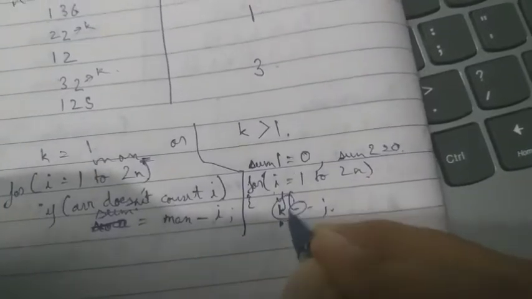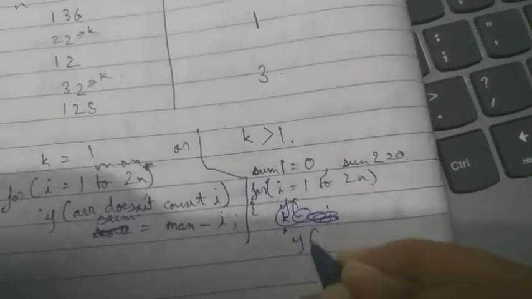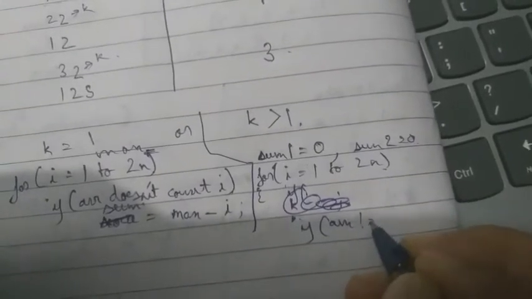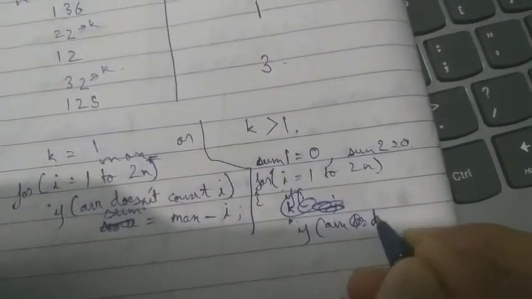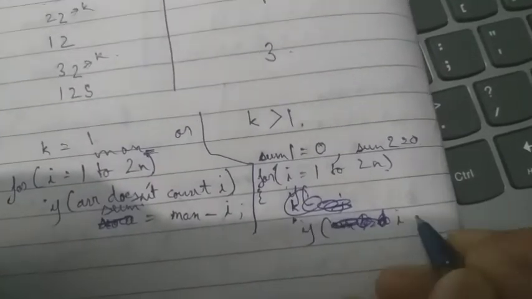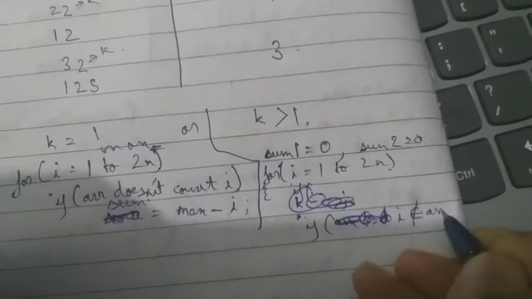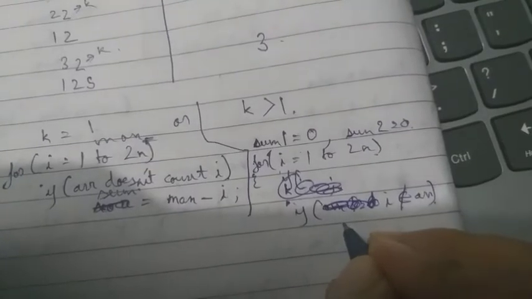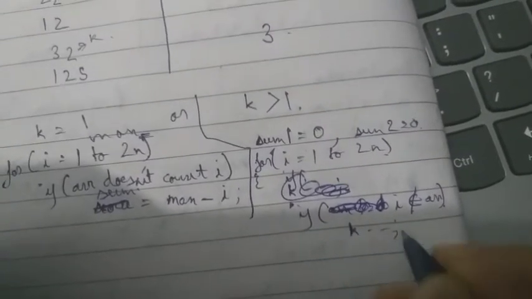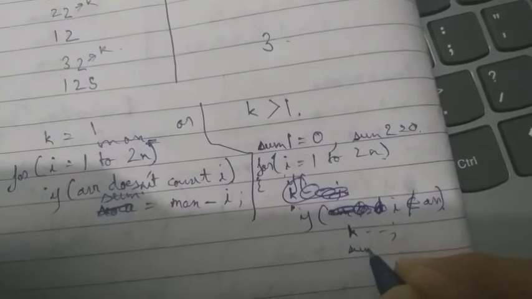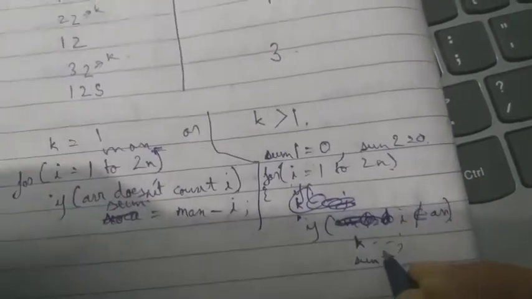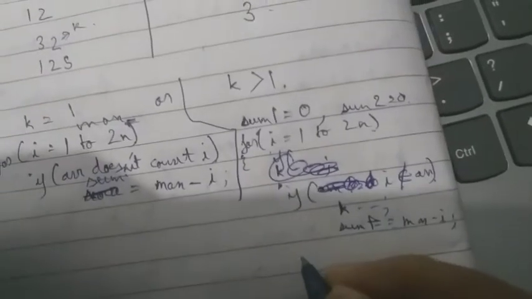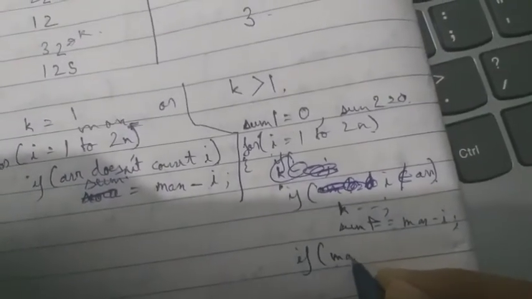If i does not belong to the array, then k minus minus, and sum plus equals max minus i.